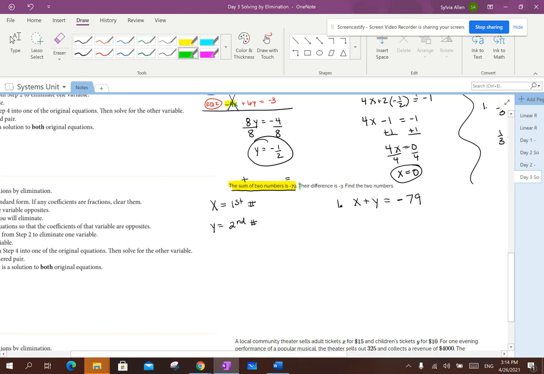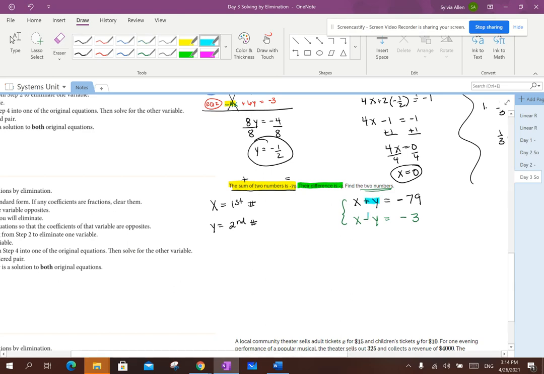The second equation says, hey, their difference is negative 3. So that means the second equation is x minus y equals negative 3. Find the two numbers. So now we have our system, okay? From here, we're already in standard form, and it's easier for me to eliminate.